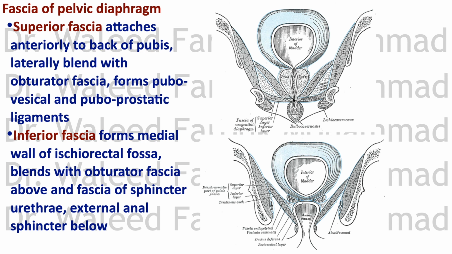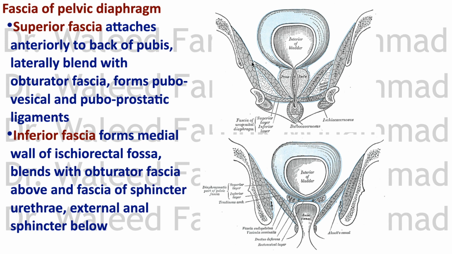I'll show you the puboprostatic ligaments. See the superior fascia of the pelvic diaphragm. The inferior fascia of the pelvic diaphragm lines the medial wall of the ischioanal fossa or ischiorectal fossa, as you can see here. This is another diaphragm called the urogenital diaphragm. We'll not be talking about this now. But this is the pelvic diaphragm I'm talking about, which is the levator ani muscle.